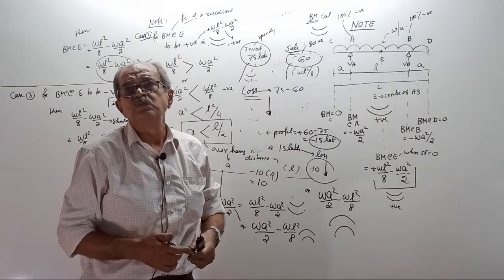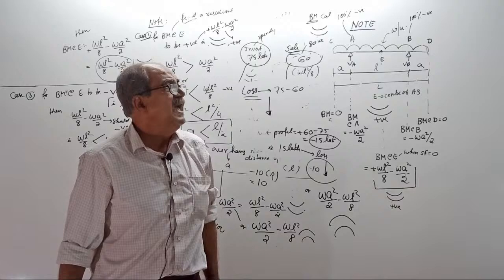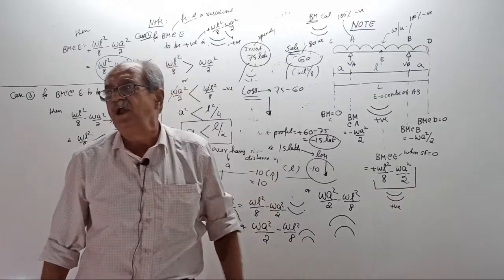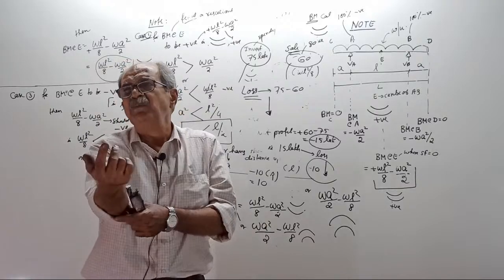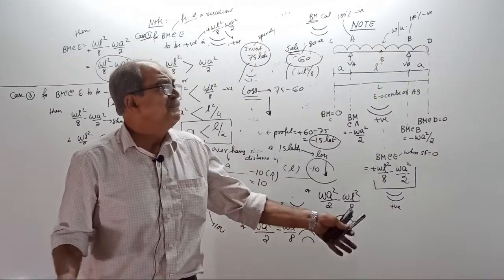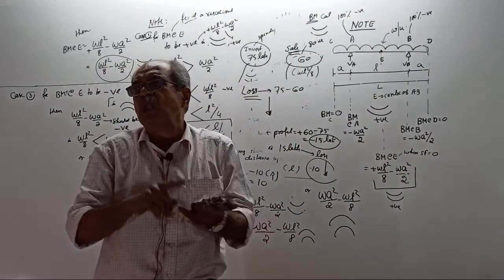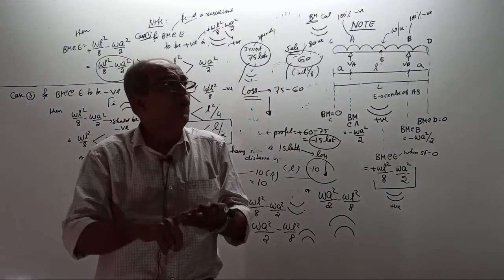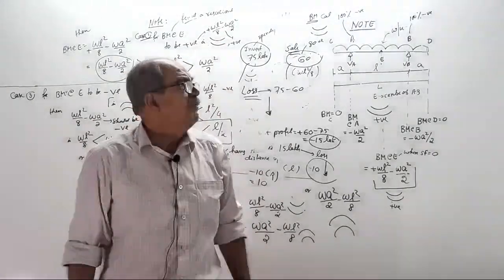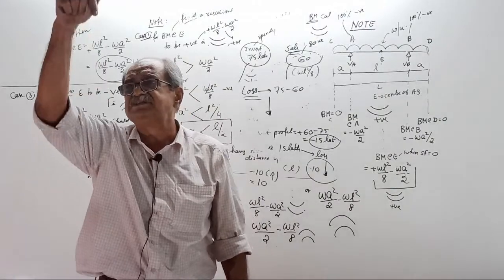Those who model by STAAD.Pro have a habit of typing a negative sign for the loading. Their hand will move directly to the negative sign. Why? Habit. Because in STAAD.Pro, when you apply a wall load, slab load, or any load, the sign is upward positive. But everywhere in a building, loading is downward.